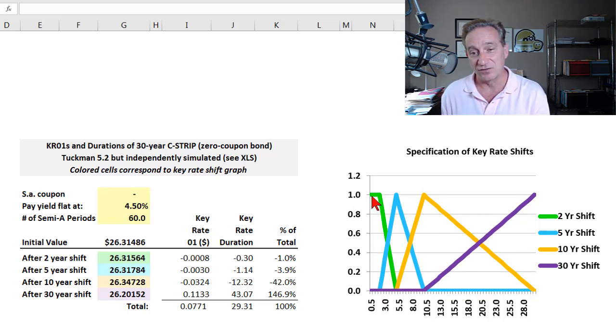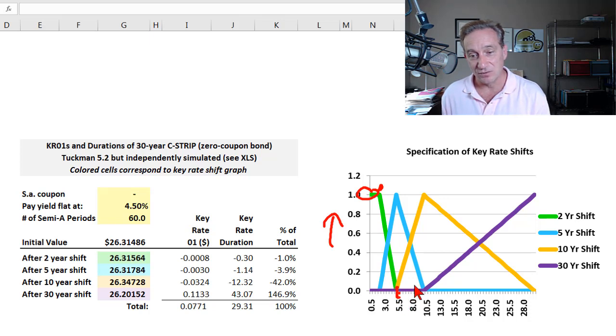For the 2-year exercise, we start with a flat 4.5%. Now let's just shift the 2-year key rate up by 1 basis point, just 1 basis point, and whatever neighbors get dragged along per the rule, right? These neighbors, everything less than 2 years, and then all the rates from 2 to 5 years.